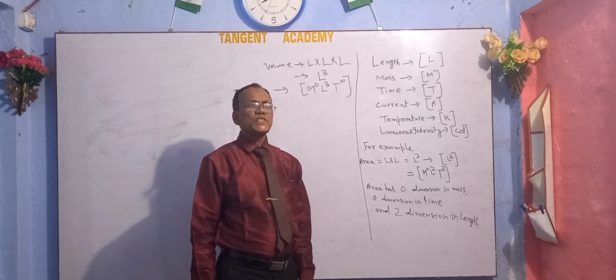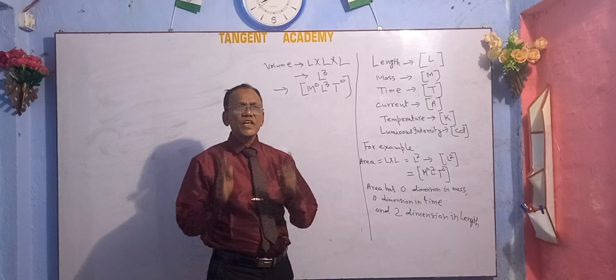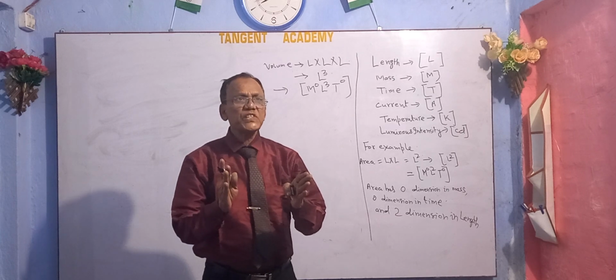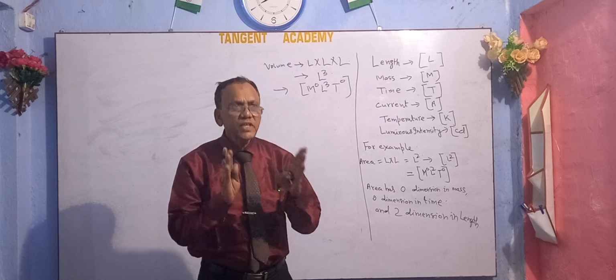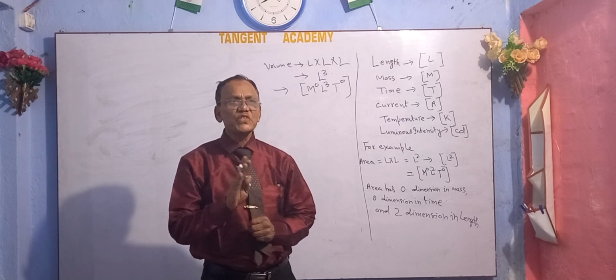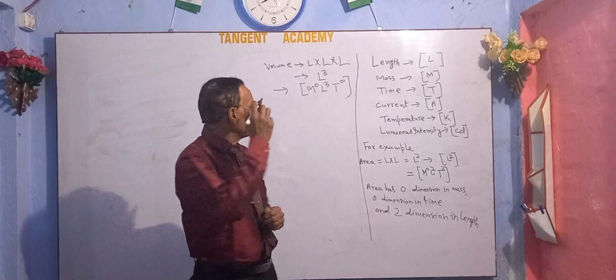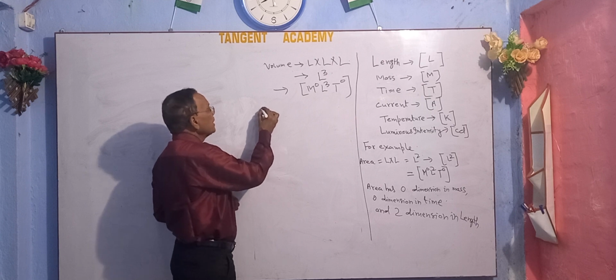Now let us define the dimensional formula: the expression which shows how and which of the base quantities represent the dimension of a physical quantity is called the dimensional formula of the given physical quantity. Let us take some examples.